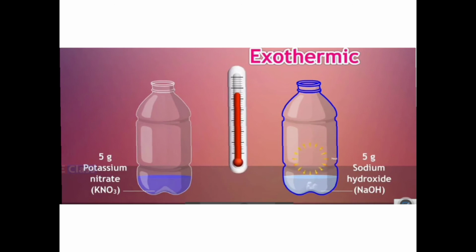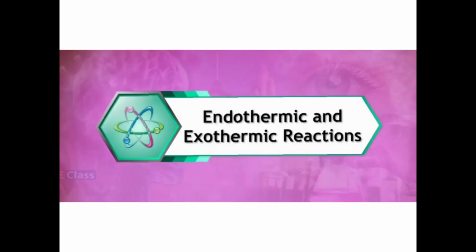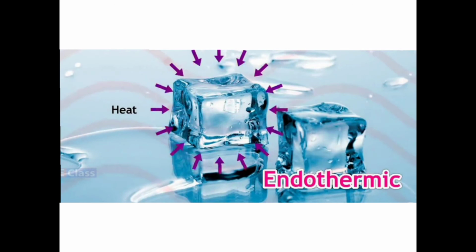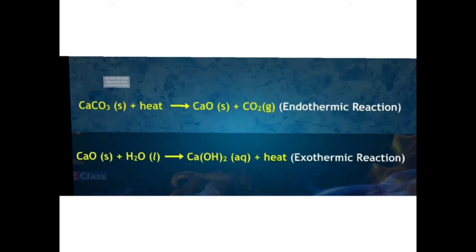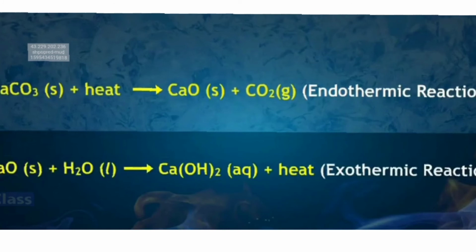Now let us understand about the exothermic and endothermic reactions. We had already understood about processes like the melting of ice. Now the example which we have already discussed: CaCO3 plus heat gives you CaO plus CO2, right? So heat is given from outside.